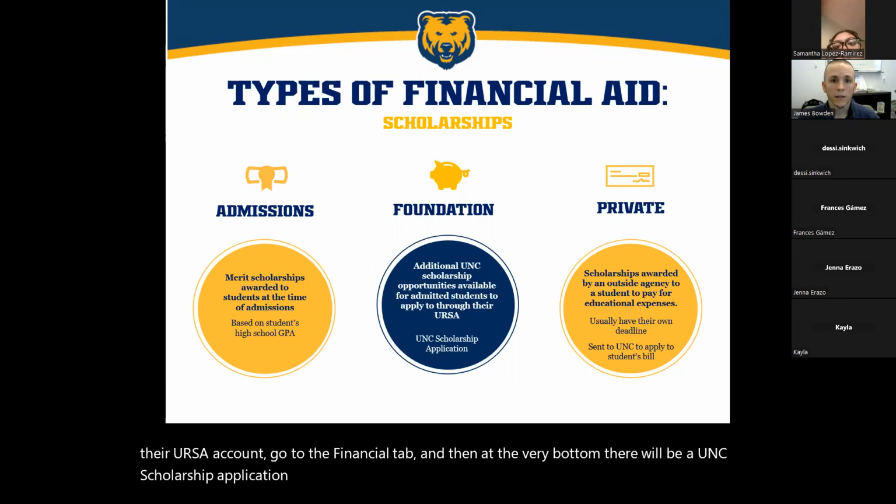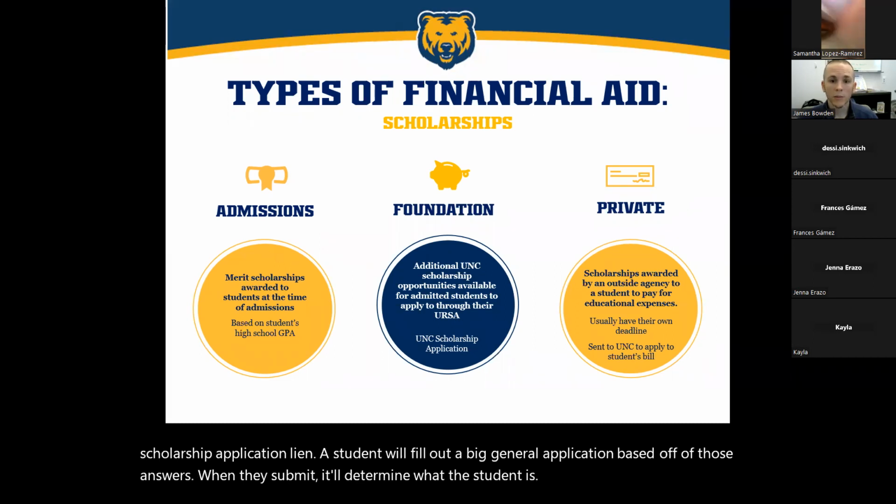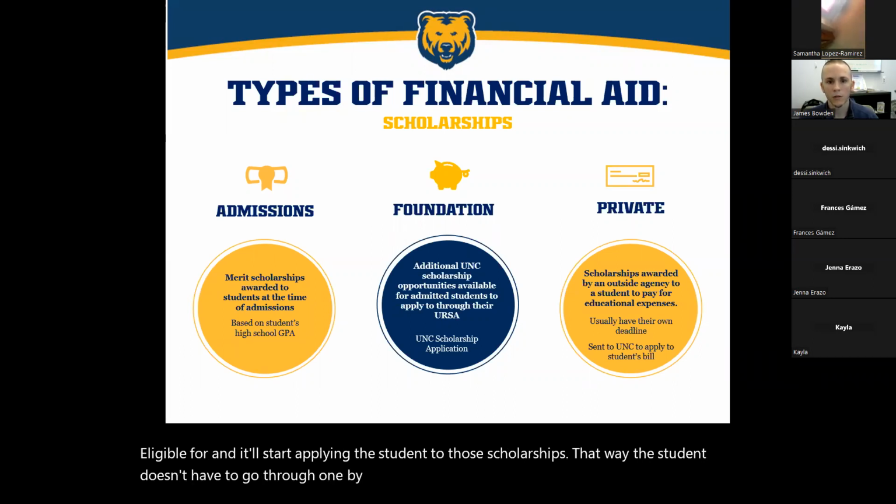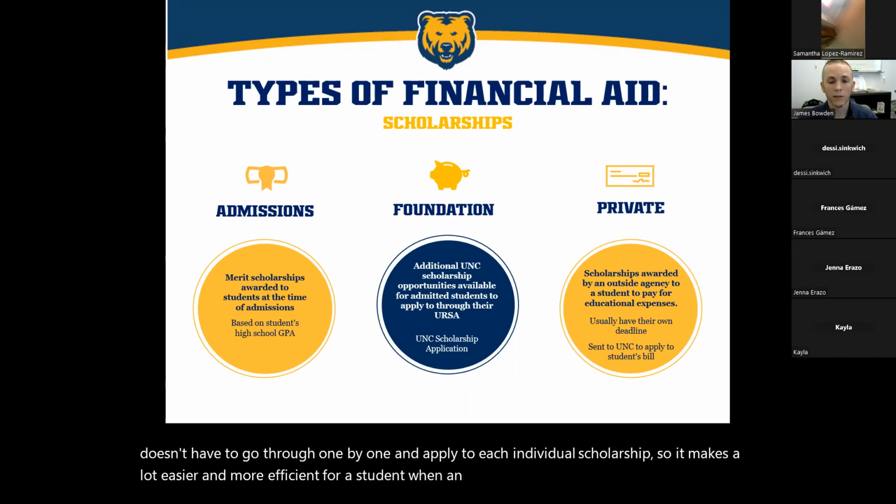A student will fill out a big general application. Based off of those answers when they submit, it'll determine what the student is eligible for, and it'll start applying the student to those scholarships. That way the student doesn't have to go through one by one and apply to each individual scholarship. So it makes it a lot easier and more efficient for a student when applying for scholarships through UNC directly.